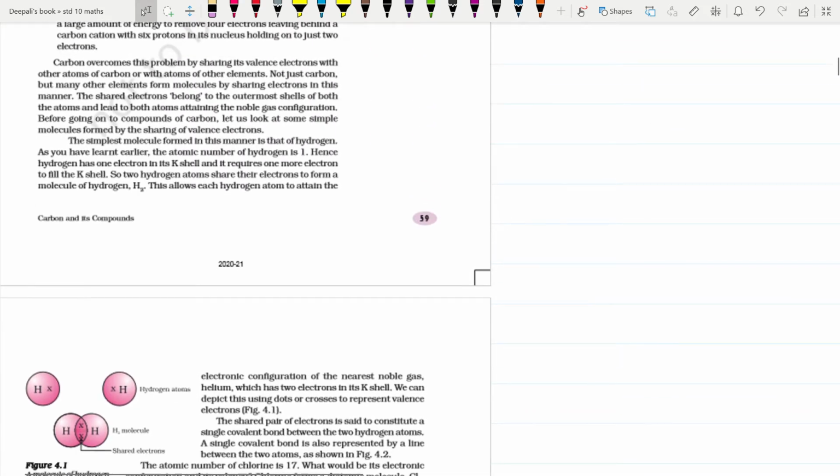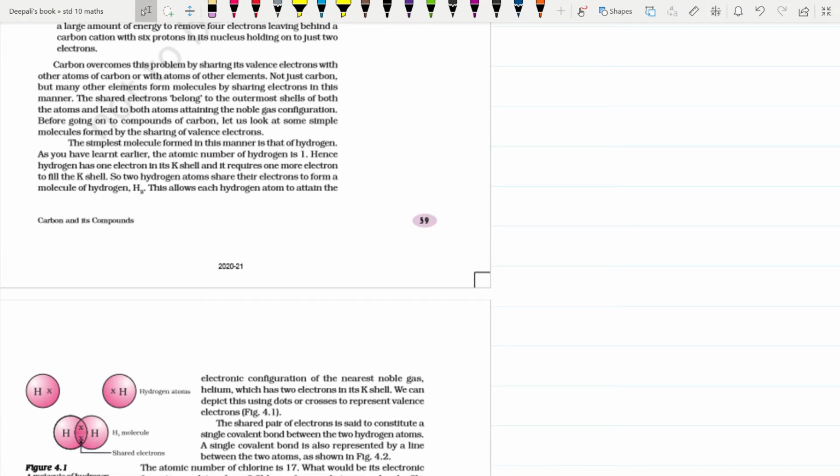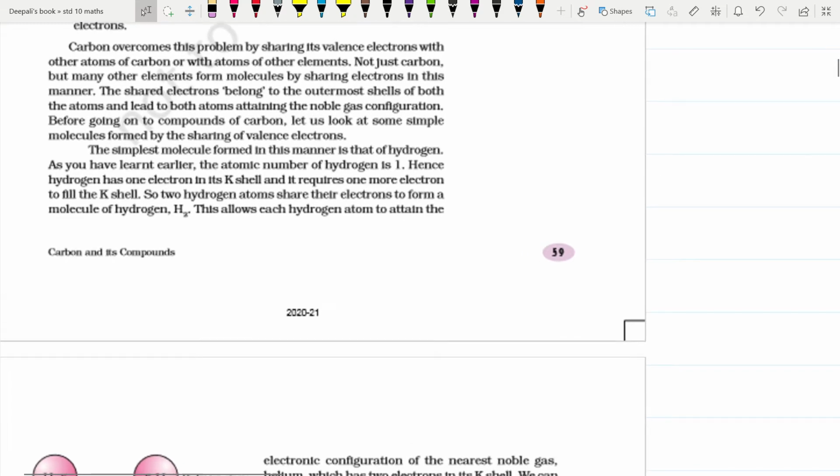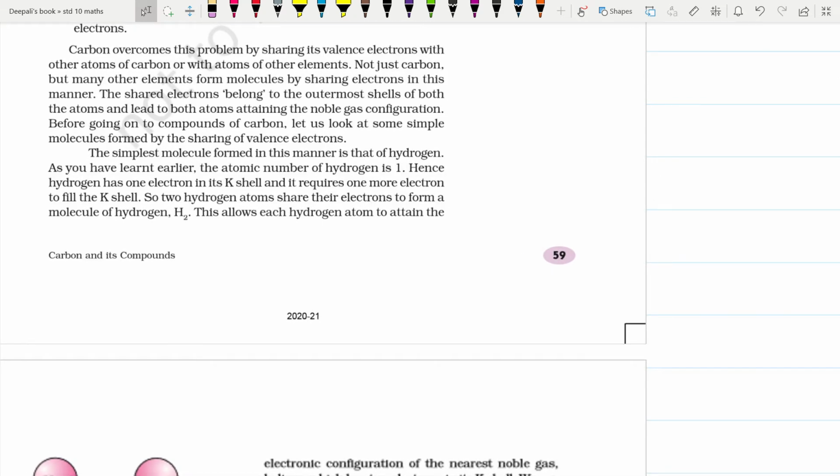So here, the simplest molecule formed in this manner is that of hydrogen. As you have learnt earlier, the atomic number of hydrogen is 1. Since hydrogen has one electron in its valence shell, it requires one more electron to complete the K shell.